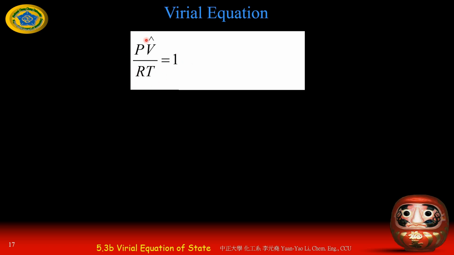This is the ideal equation of state. But we are talking about the non-ideal equation of state. So that's why we need to have correction terms in this case. So we have 1 plus B divided by V-hat plus C divided by V-hat squared plus and so on, 3, 4, 5. So this is the virial equation of state.